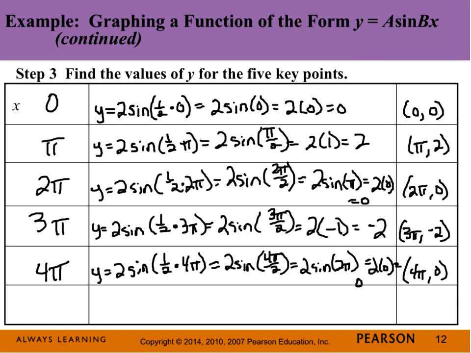So 4 pi, 0. So once again, I'll just point out real quick, we have our x-intercepts and our max and our min. And notice our max and our min show that amplitude that we figured out earlier.